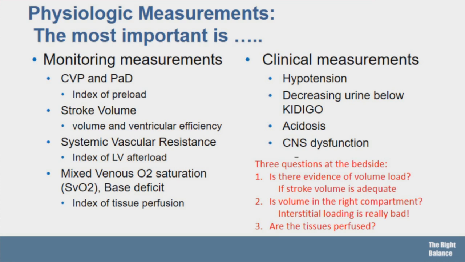So again, the reactive way of being at the bedside is your blood pressure drops and I give you volume. It may not necessarily affect your blood pressure, and I'm not actually looking at your stroke volume. So let's say normal stroke volume is 60 to 100, and I have a patient whose stroke volume is 48, and I give them 500 cc's of volume. I'm not really looking at their blood pressure as much as I'm looking at, did that improve stroke volume?